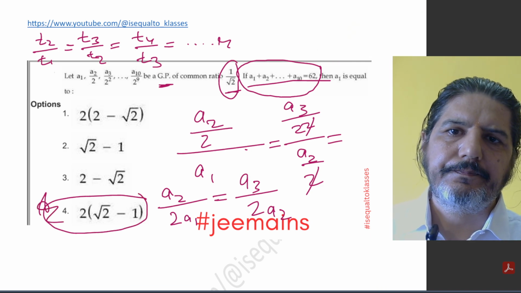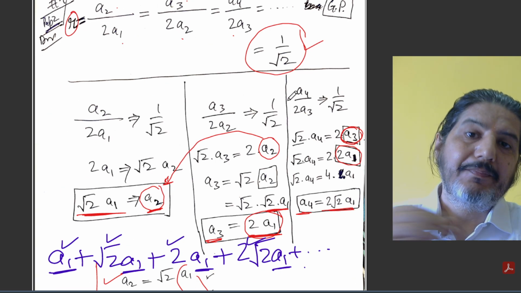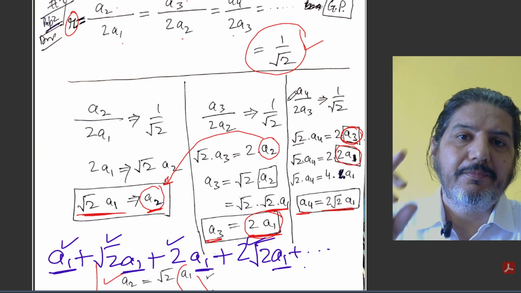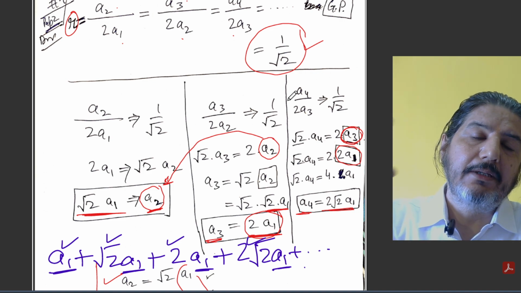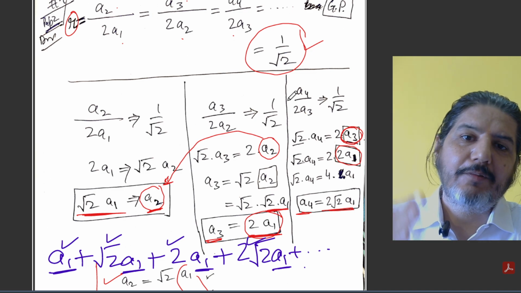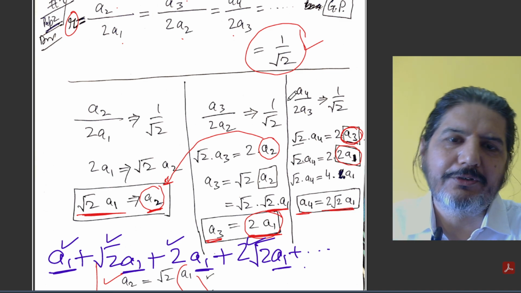Now see, one thing that you need to understand is that while doing these questions, a lot of basics of mathematics, at least your class 10th mathematics concepts, should be clear. For example, manipulating the square roots. I have seen a lot of students who are not able to manipulate the square roots.